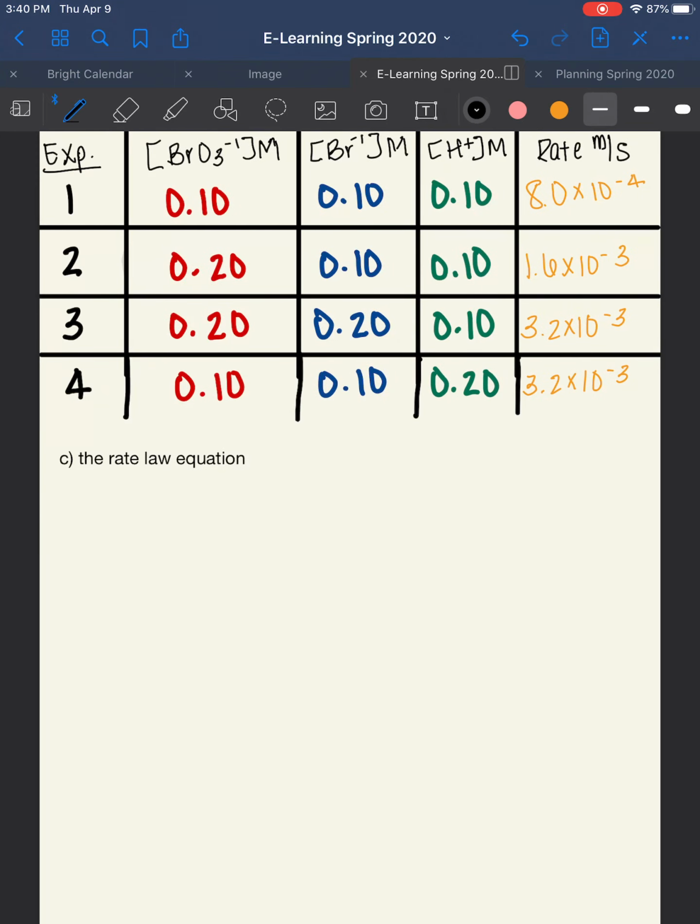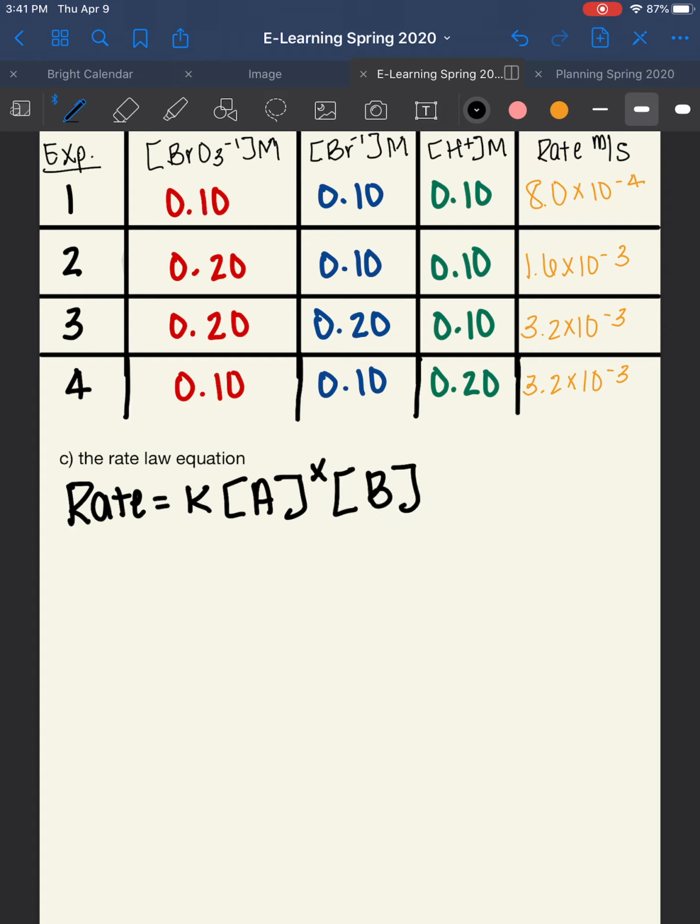Okay, so let's go on to part C, the rate law equation. Previously we saw that the rate is equal to your rate constant K times reactant A raised to its order, times reactant B raised to its order, times reactant C raised to its order.